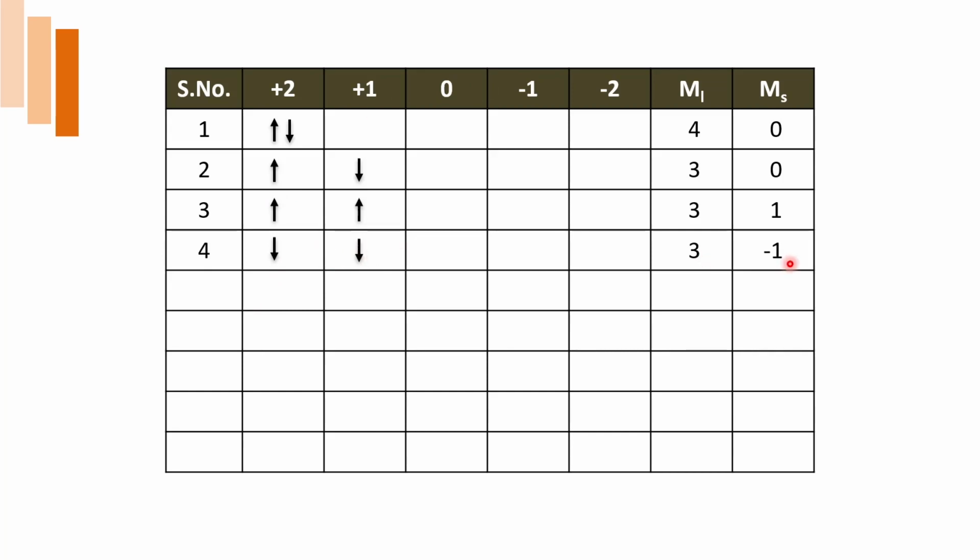In the other cases, at your perusal, this electron is inverted but this electron is not inverted, you have 3 and 0 value. So what you have been able to notice is that there are 4 3s with 0, 0, plus 1 and minus 1 values. This is what we have noticed. There is only one 4 here, but in other situations there are 4 3s with 0, 0, plus 1 and minus 1. Well, what is the next combination?